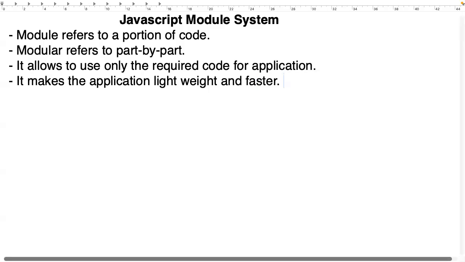So the concept of a modular system is that it allows you to use only what is needed for the situation. That means don't include everything, don't load everything, load only what is needed for your application. These days, all technologies are following this.